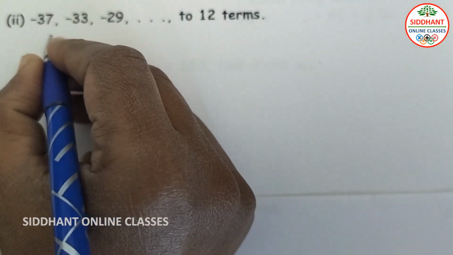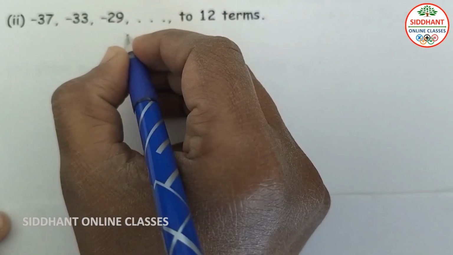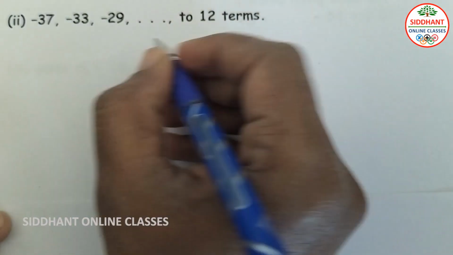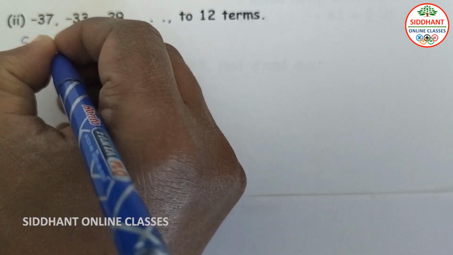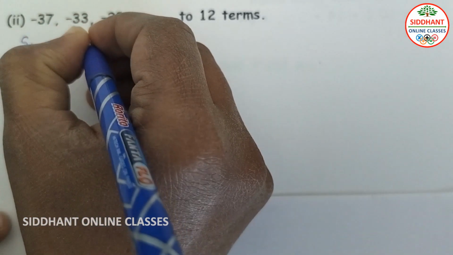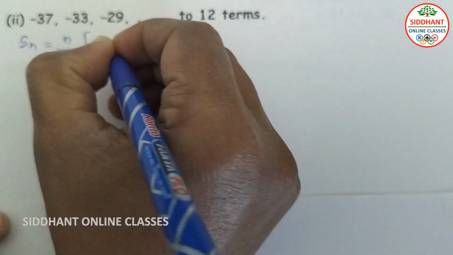Question number 2: minus 37, minus 33, minus 29 up to 12 terms. We are going to find out the sum. So here we know Sn equals n by 2 into a plus l.